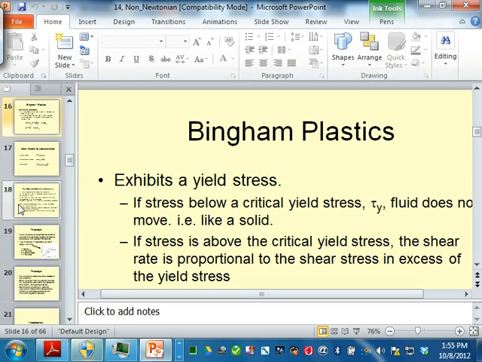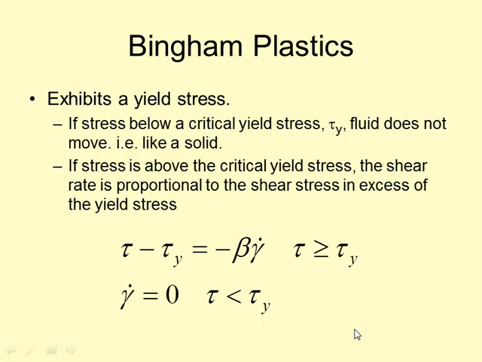Bingham plastic. I'll finish off with this one. Just now I told you this, and it's a bit more officially written here. If the shear stress is below some critical yield value of the Bingham plastic, then it behaves like a solid.